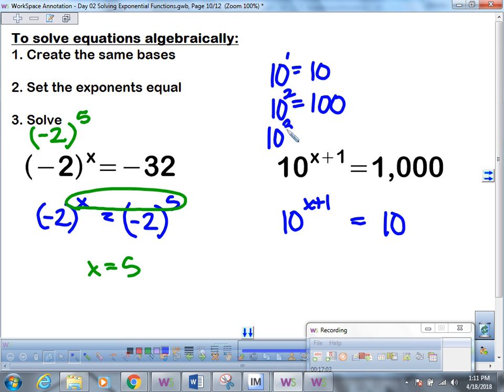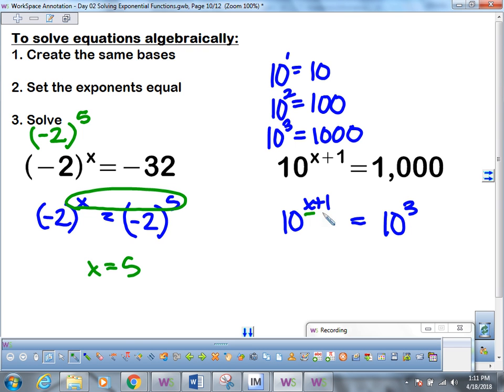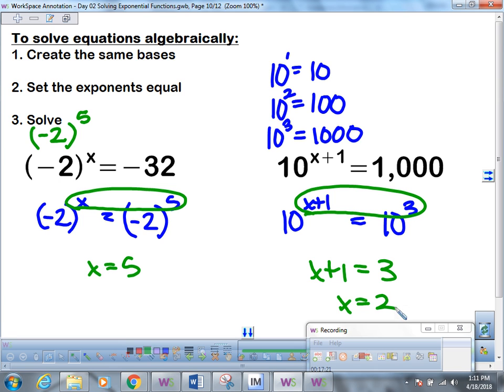So 10 cubed is 1,000. So this is really 10 cubed. Common bases. Compare exponents. X plus 1 equals 3, so x must equal 2. 2 plus 1 is 3, and 10 cubed is 1,000, so we're right.